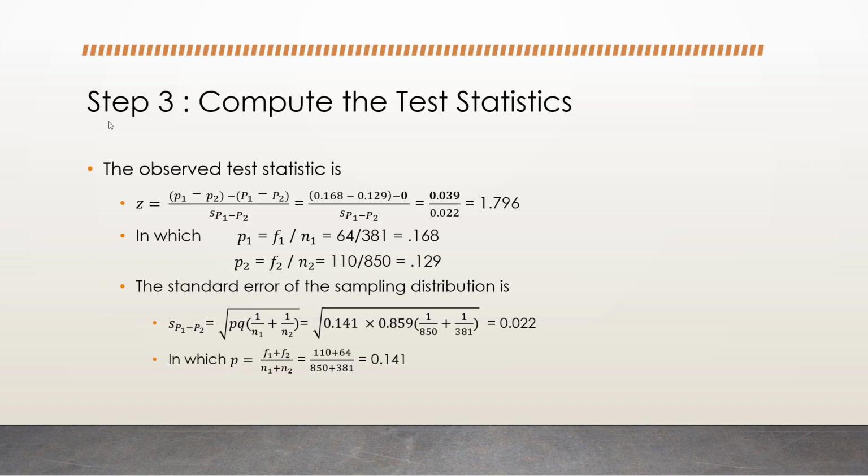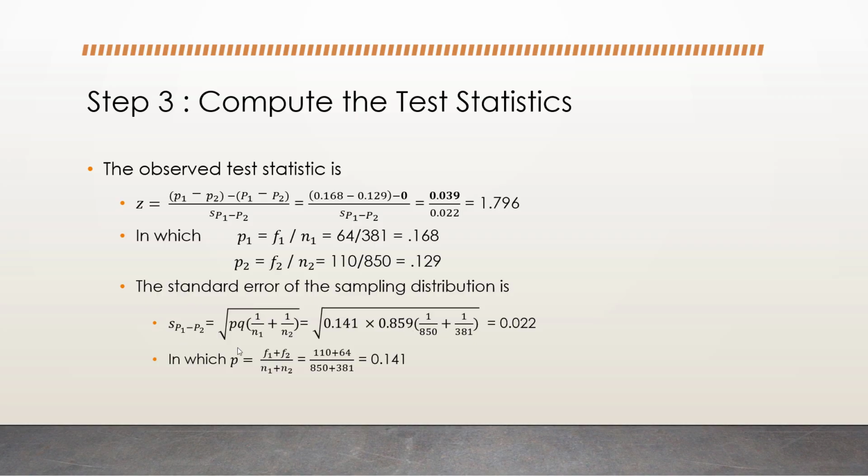Moving on to step 3, let's plug in the numbers. We know that P is 110 plus 64 over the total sample size of 1,231. This gives us P equals 0.141. Then Q equals 1 minus 0.141 equals 0.859.